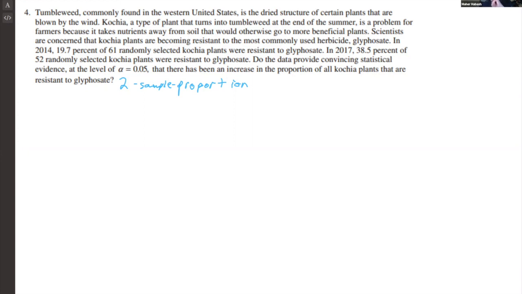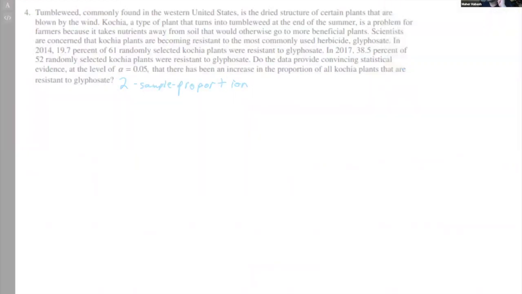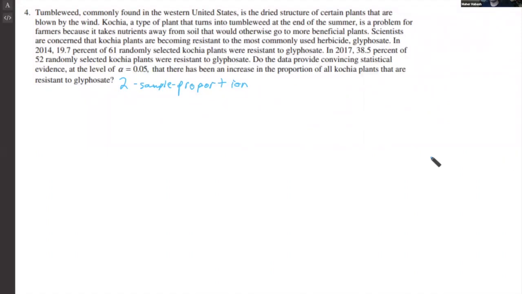So let me go pull up some of the formulas that we're going to need there. Okay, 2 sample proportion.